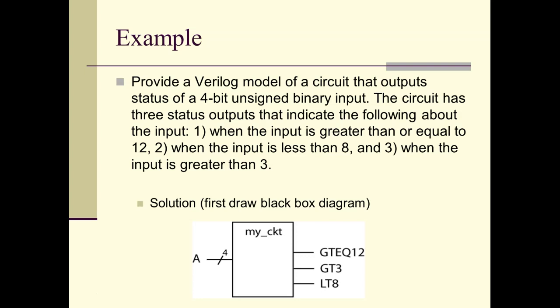The 3 outputs give a status regarding the 4-bit input A, and indicate when the input is greater than or equal to 12, when it's less than 8, and when it's greater than 3. The notion here is that we're assuming the A input is a 4-bit unsigned value. So let's crank through this.